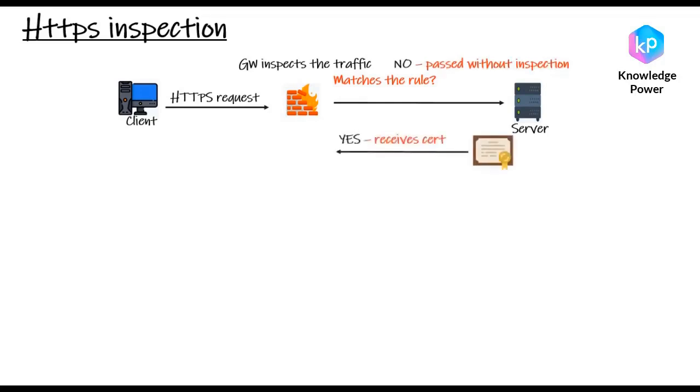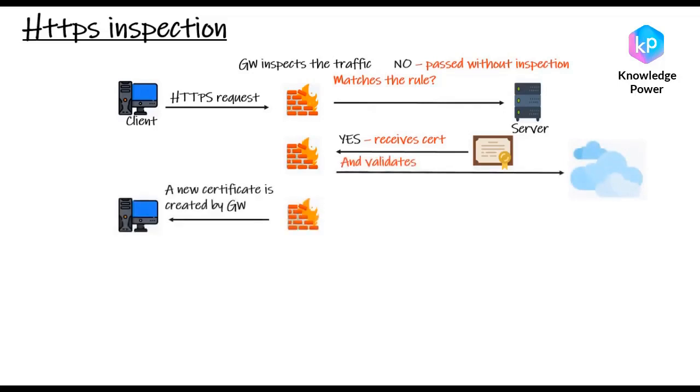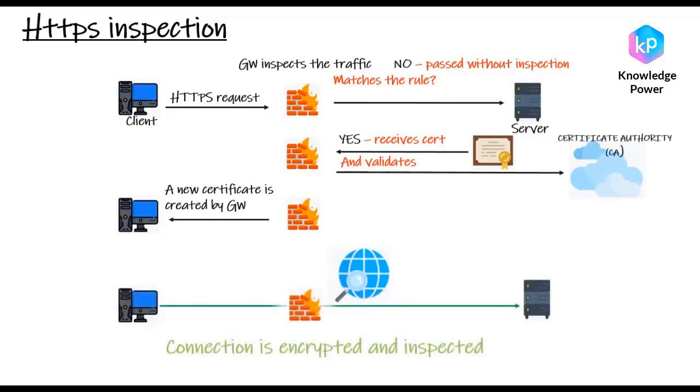If yes, it receives a cert from the server and validates it with the CA, the certificate authority, and a new certificate is created by the Checkpoint Gateway. So it changes the cert, being a man in the middle. The client receives the cert, and the connection is encrypted and inspected.